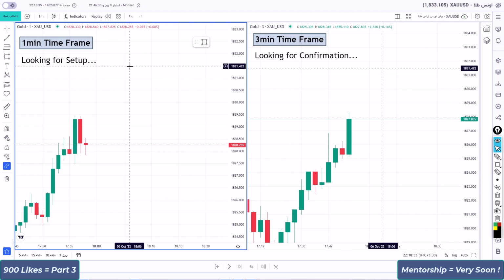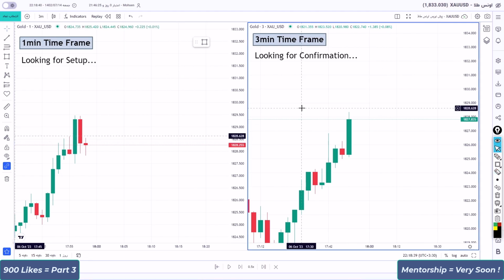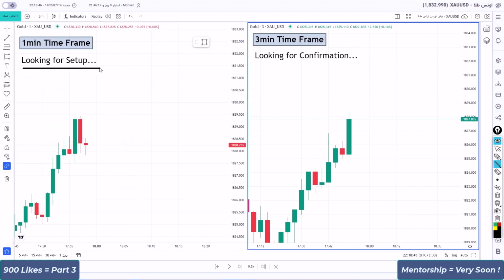The only thing that matters is this is the 1 minute time frame and this is the 3 minute time frame. Okay, so as you'll remember, we will look for the setup at the 1 minute time frame, and then we will look for confirmation, which is an engulfing pattern, at the higher time frame, which in this case is the 3 minute time frame.